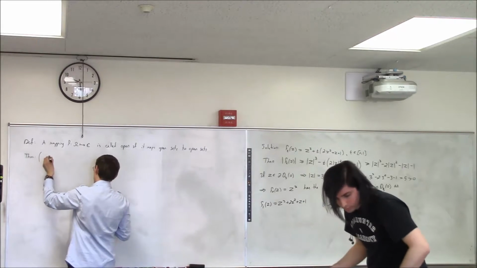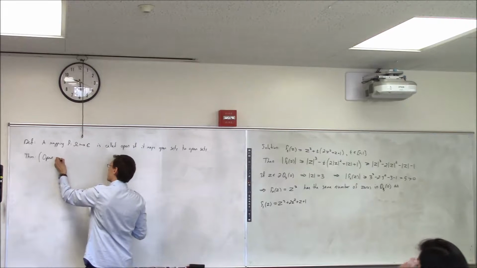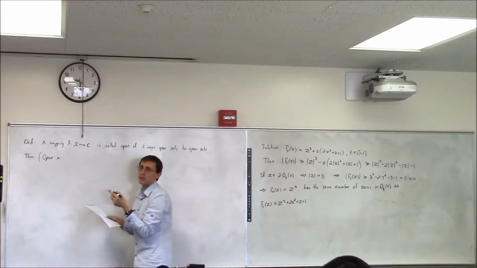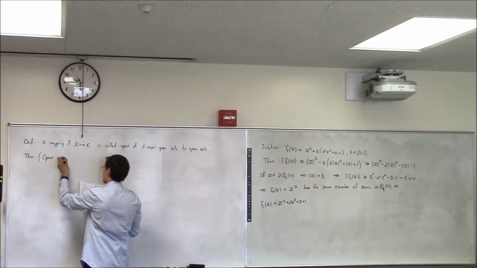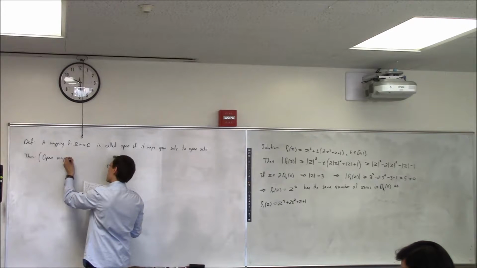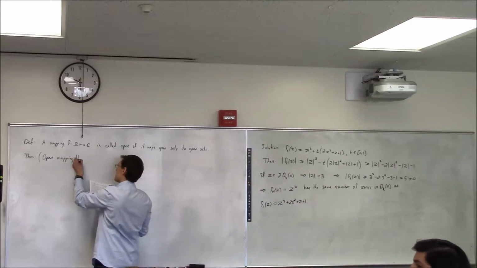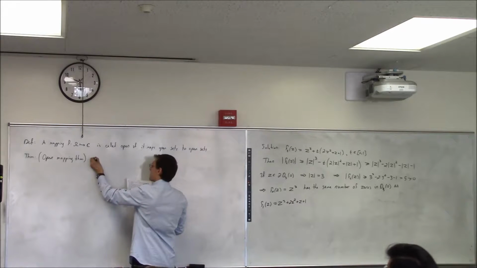Theorem, and this theorem is called the open mapping theorem. Very important theorem that actually has more consequences than the fact that it's just open mapping, right? So we'll try to just see what it is saying.